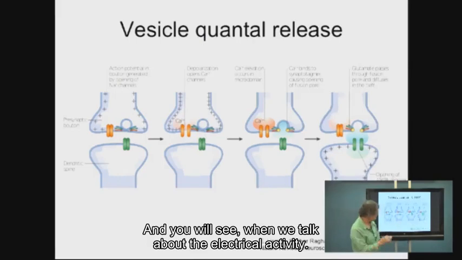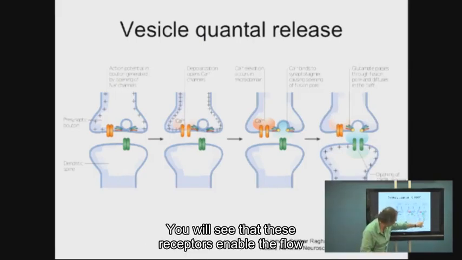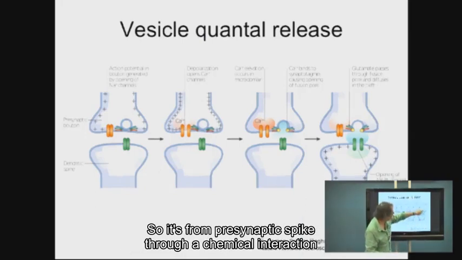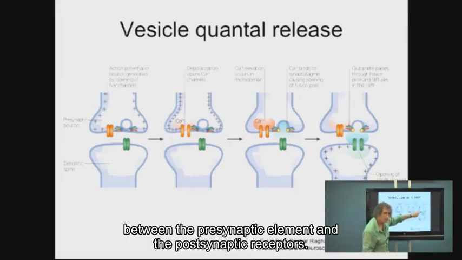And you will see when we talk about the electrical activity, you will see that these receptors enable the flow of electrical current into the dendrite, generating the postsynaptic potential. So it's from presynaptic spike through a chemical interaction between the presynaptic element and the postsynaptic receptors.